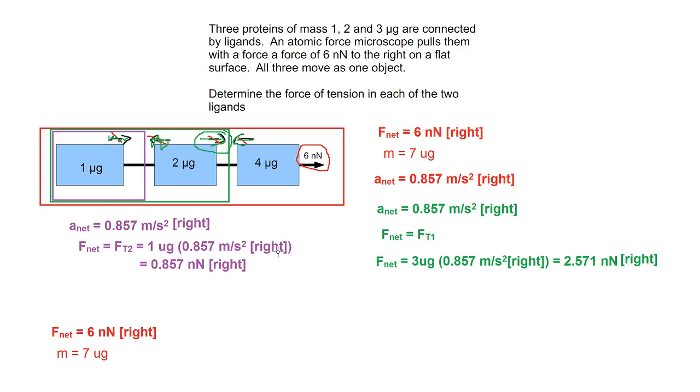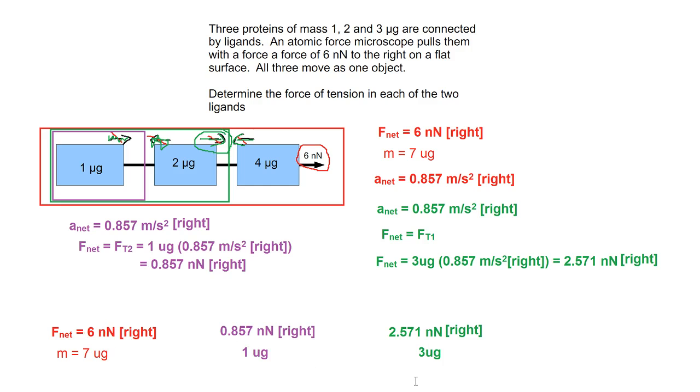It takes 0.857 nanonewtons to pull 1 microgram, and it takes 2.57 nanonewtons to pull 3 micrograms. And if you take a look, these ratios are all the same. 6 divided by 7 is 0.857, 0.857 divided by 1 is 0.857, and 2.571 divided by 3 is 0.857.